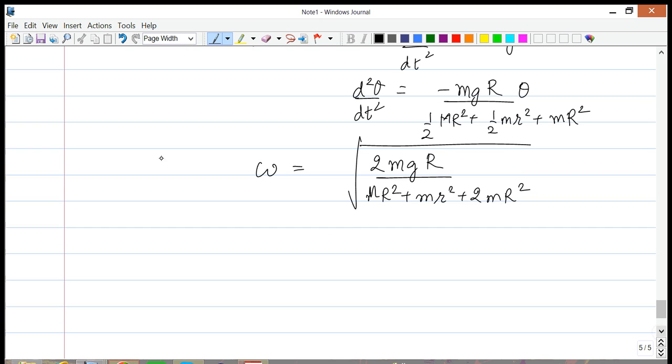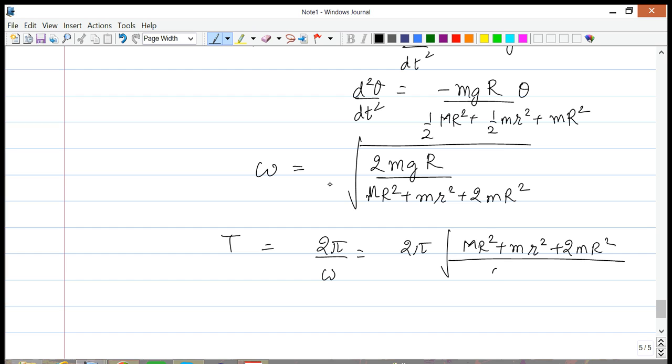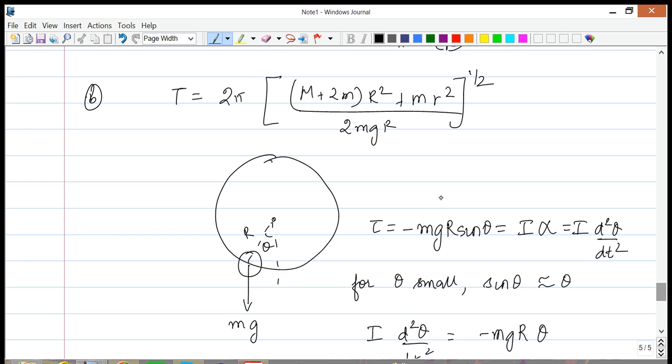And once I get this, my time period is simply 2 pi over omega, which is equal to 2 pi times the square root of MR squared plus m lowercase r squared plus twice mR squared divided by 2 mgR. And that is essentially what we wanted to prove.